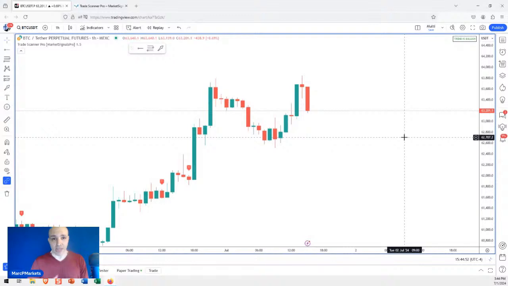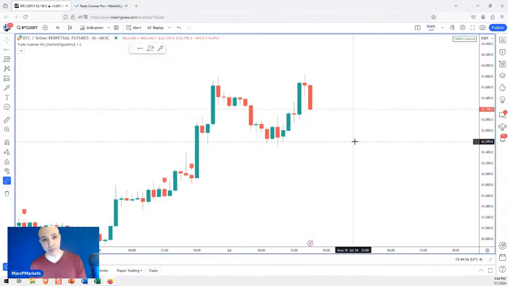Now, like I said in my previous stream, and I wrote in previous articles, there are 3 types of trades, or 3 types of signals, for the TradeScanner Pro. There are trend following or momentum continuation signals, there are momentum reversal signals, and then there are random signals. Momentum continuation and reversal can be a random signal. Markets are highly random, so it is our goal to isolate and try to avoid random signals.